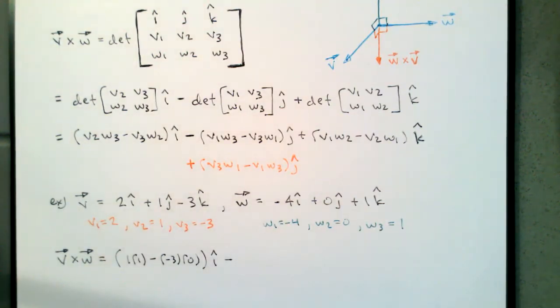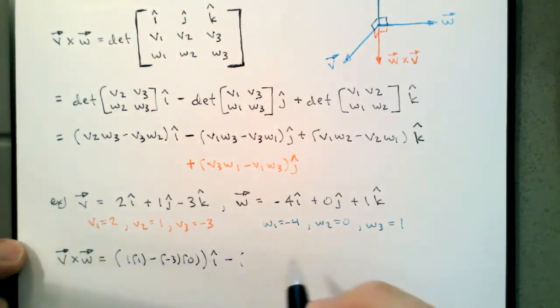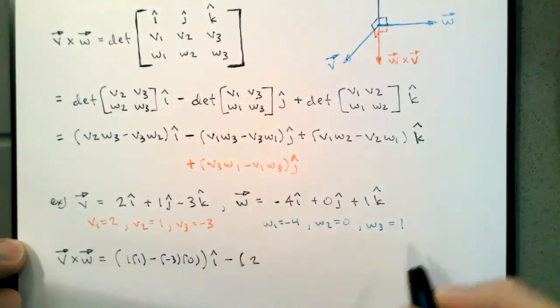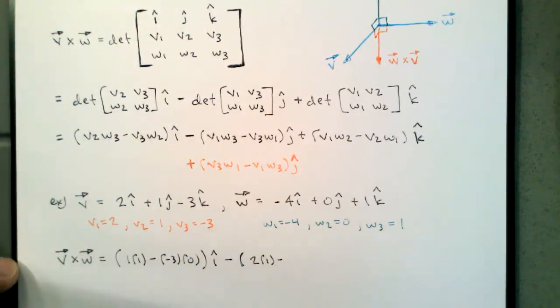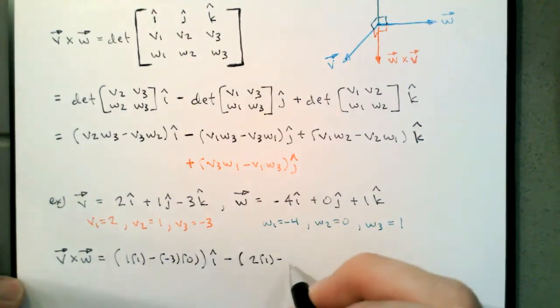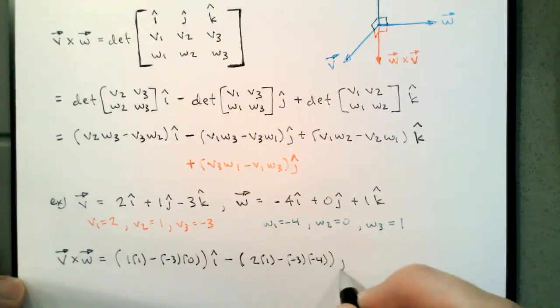I'm solidly in the make the j a minus so that I can remember j is a 2. So I'm going to go V1 W3, V3 W1. So I'm going to have V1, 2, W3 minus V3 W1. Okay.